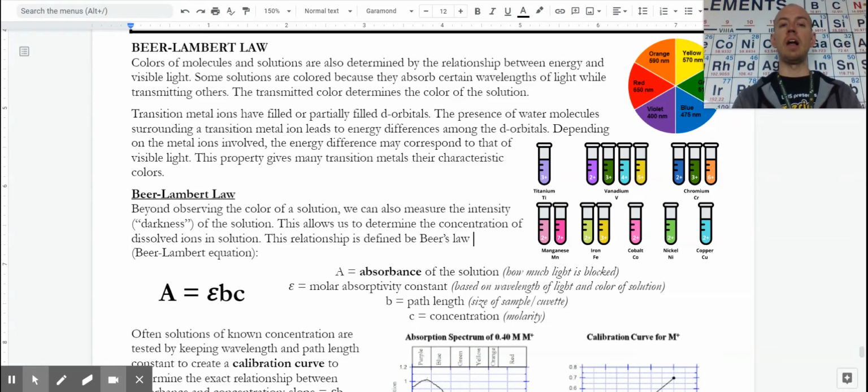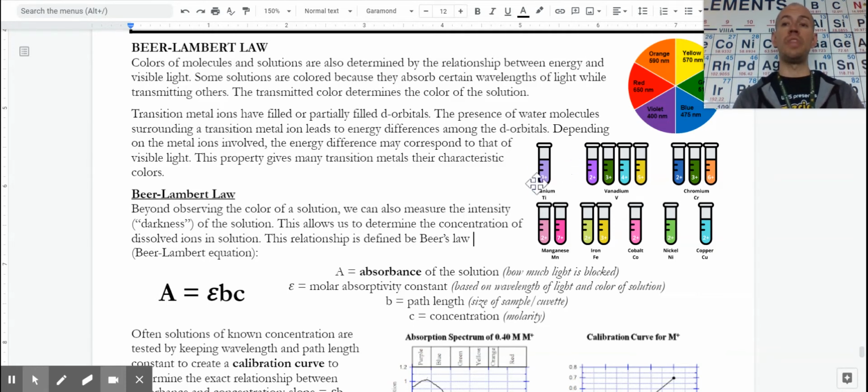So transition metal ions have energy differences between those d orbitals that tend to correspond to visible light. The whole mechanism of when, how, why we would explain this is not especially important. Just knowing that it's the transition metals that are most likely to be colored.